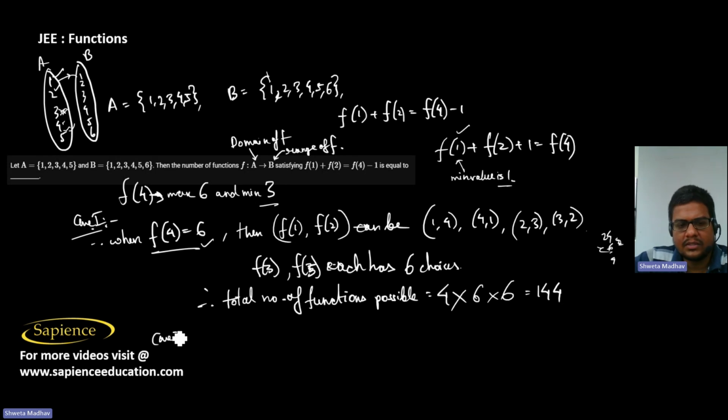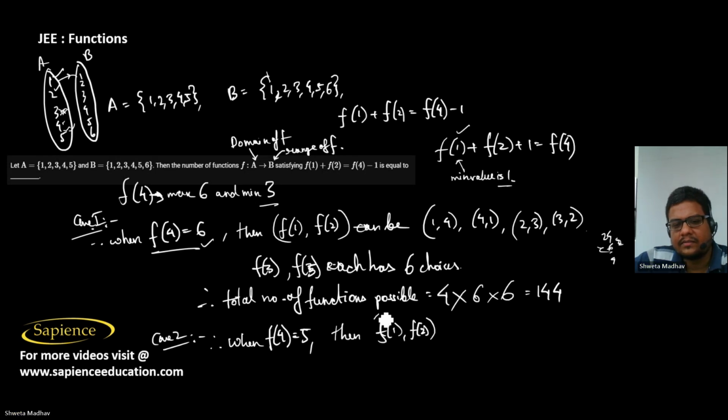Then in case 2 we can have when f of 4 is equal to 5. F of 4 is 5, then f of 1 and f of 2, now f of 1 plus f of 2 should be 4.